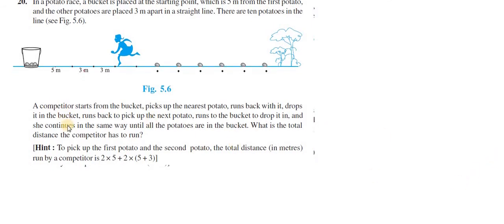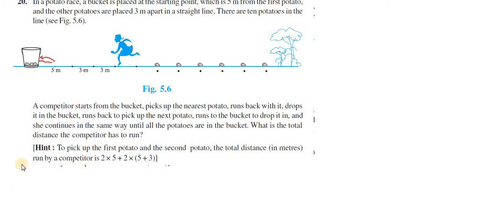To pick the first potato, what is the distance she traveled? From here to here she has to travel 5 meters. Again from this point to this point she needs to travel. So this is 5 plus 5, 10 meters.